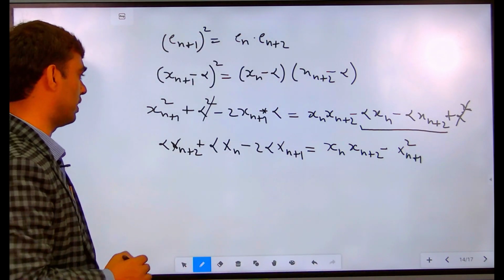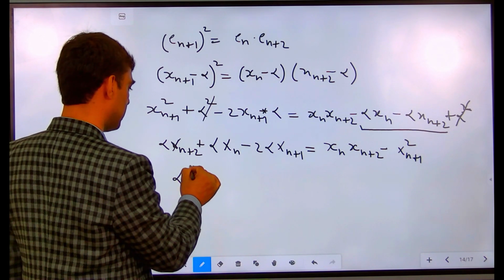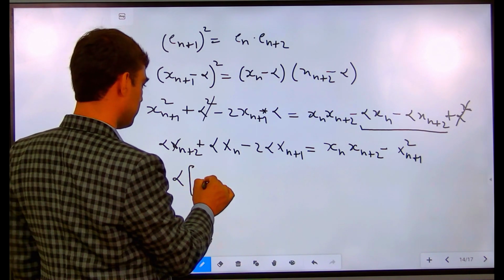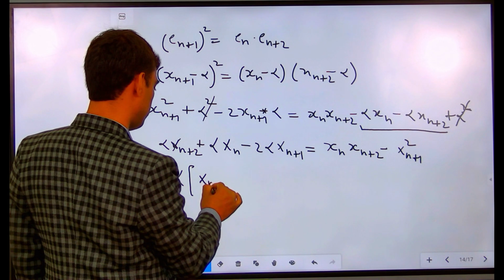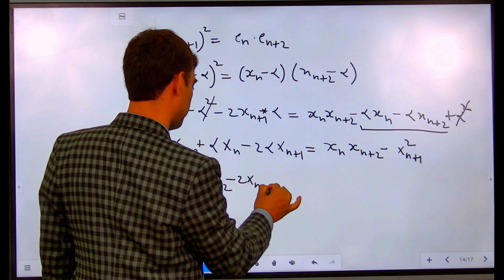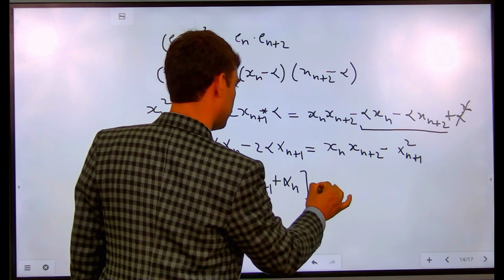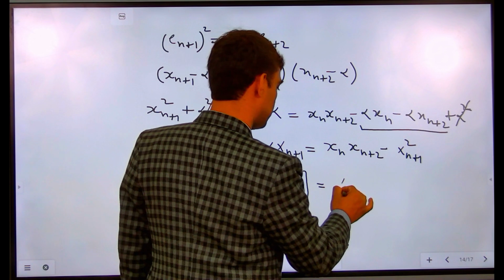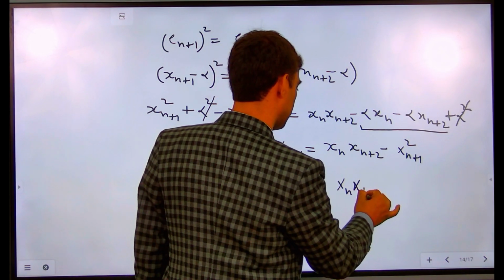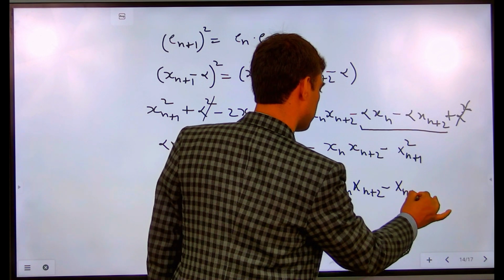If we take alpha outside, then this becomes alpha times (xn plus 2 minus 2 xn plus 1 plus xn) equals xn xn plus 2 minus xn plus 1 square.